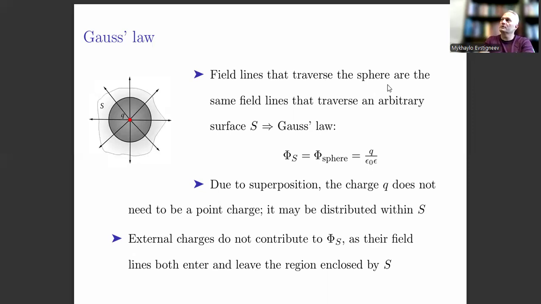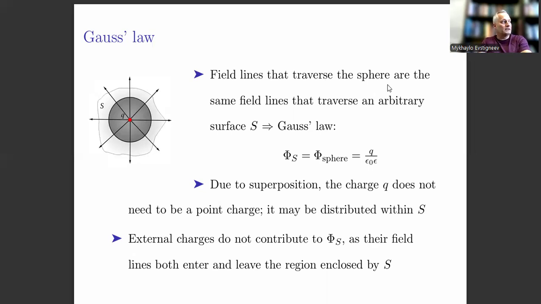The electric field produced by a bunch of charges is the vector sum of the electric fields produced by each charge individually. Hence, the electric field flux produced by a bunch of charges is the sum of fluxes produced by each charge individually.